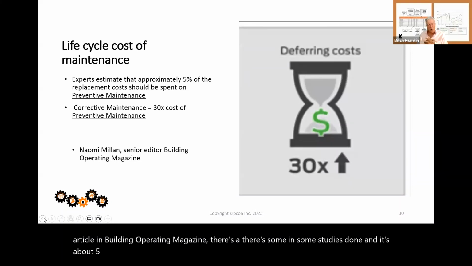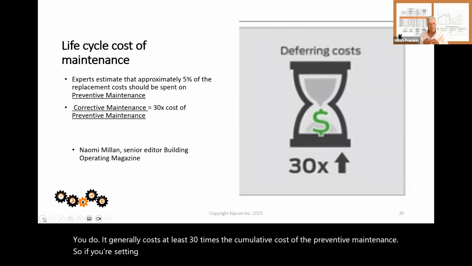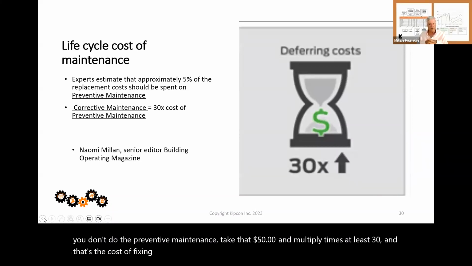But if you don't maintain it and have to do corrective maintenance, at the time that you do it, it generally costs at least 30 times the cumulative cost of the preventive maintenance. So if you're setting aside $5 a year for preventive maintenance, over 10 years, that's $50. If you don't do the preventive maintenance, take that $50 and multiply it by at least 30, and that's the cost of fixing something if you don't do preventive maintenance.